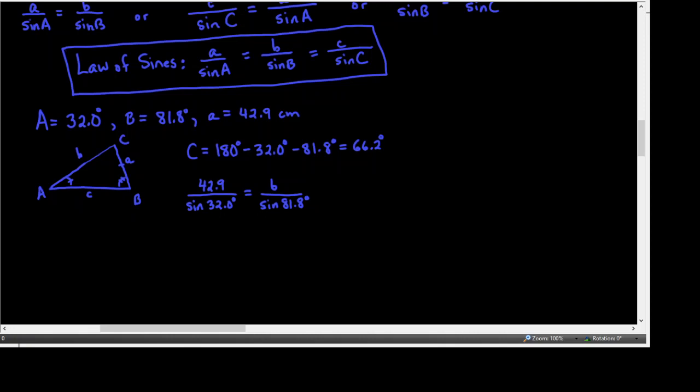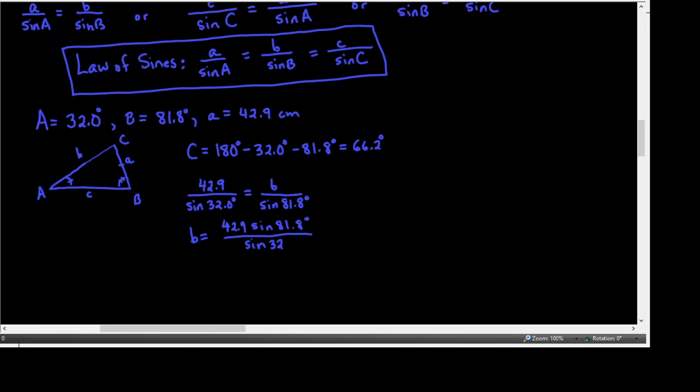So to get side B by itself, I'm going to multiply both sides of the equation by the sine of 81.8 degrees. And one of the things you'll notice that I almost always do is I rearrange the order of the equation to my desired order so that the variable I'm solving for is on the left side.